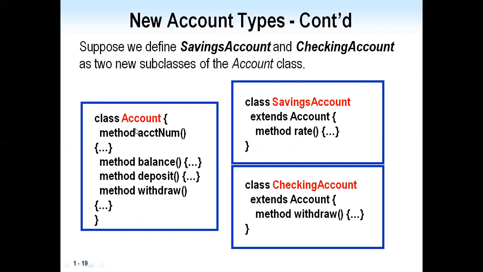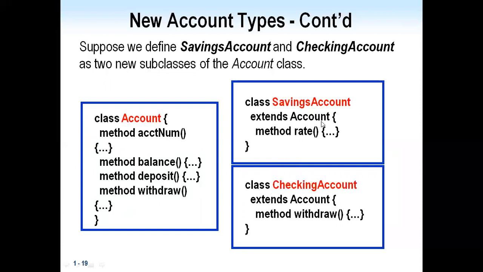In the account class, every account has methods: account number, balance, deposit, and withdraw. That is the account class; the methods mean operations. Suppose there is a class saving account, which is a subclass.